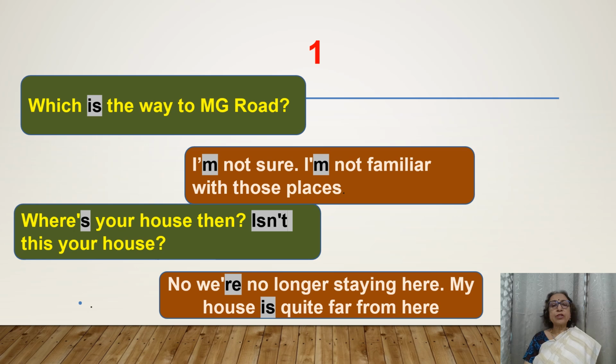You can see that there are two people speaking. One is in the green color and the other is in a box of brown color. Now, in the first few slides, I have also highlighted the auxiliary which is being used.